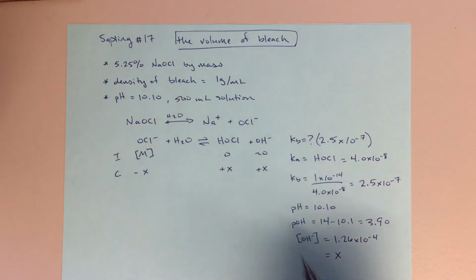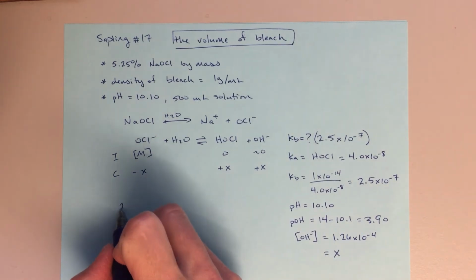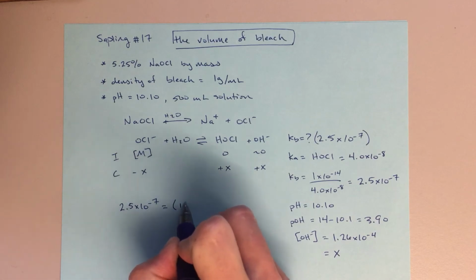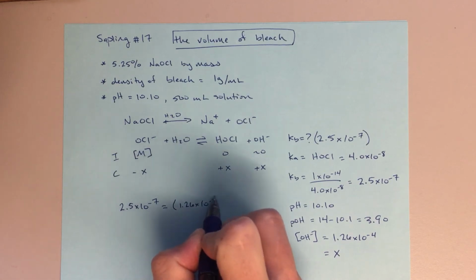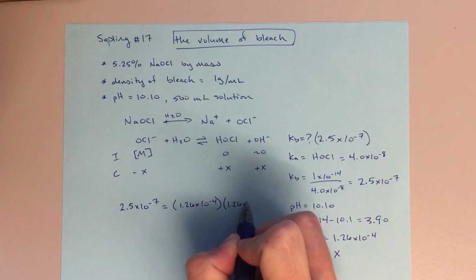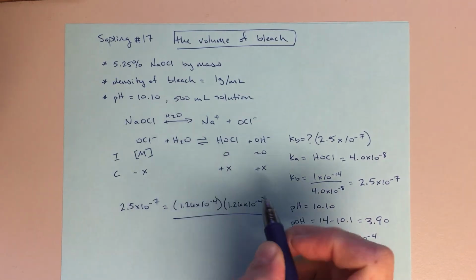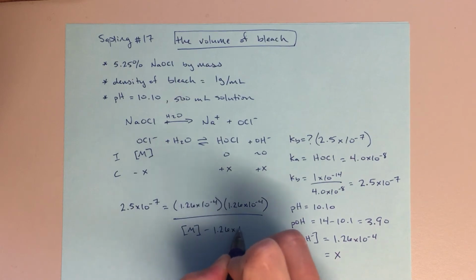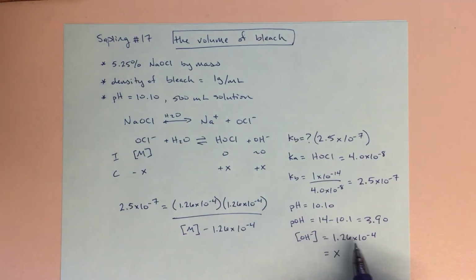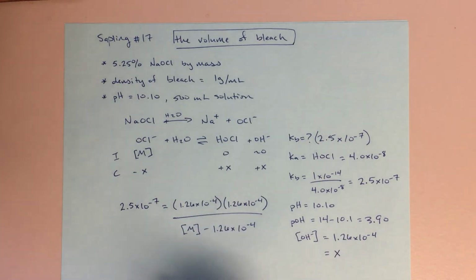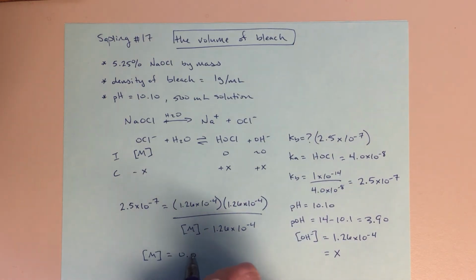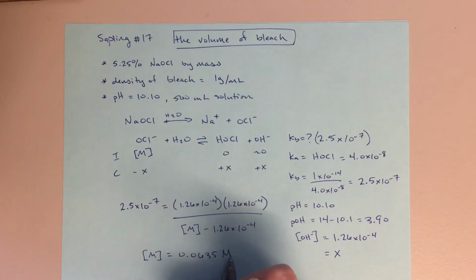So now I can go ahead and start putting things together, where I've simply inserted this X value into all the places where I should find X, and I can solve for my molarity, which is going to equal 0.0635 molar.